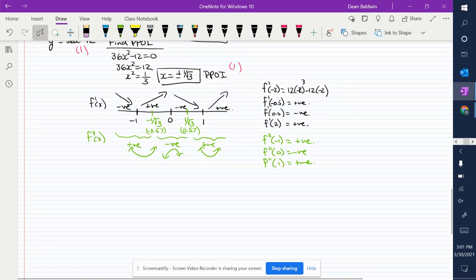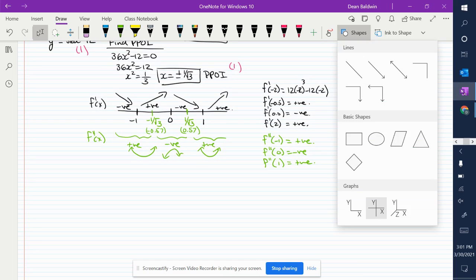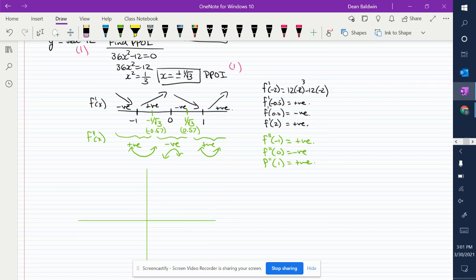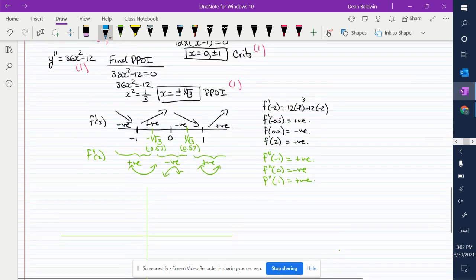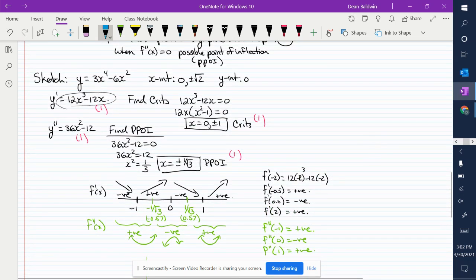All right. Mark out your x-intercepts, which I've given you: 0 plus and minus root 2.